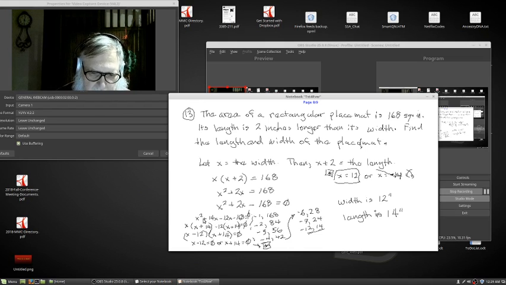Okay, and if we look at the x squared plus 14x, we factor out an x and get x times the quantity x plus 14. Then we look at the negative 12x and minus 168. We factor a negative 12 out of there, and we get negative 12 times the quantity x plus 14.